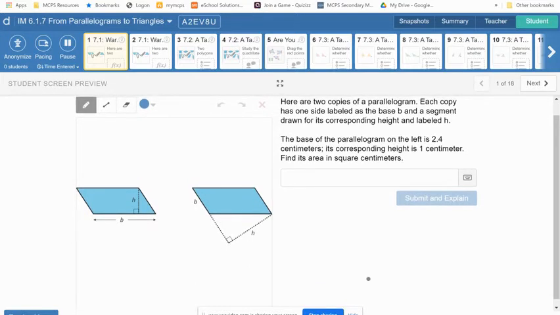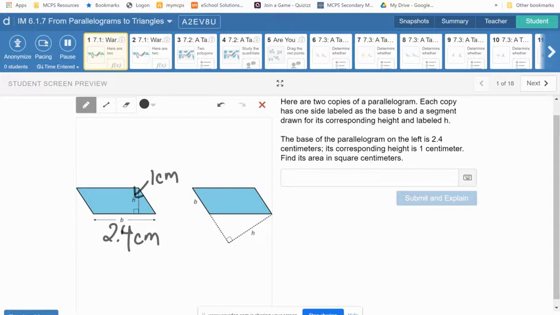So if our base is, let's change that. Base is 2.4. Okay, and our height, they said, was 1 centimeter. 1 cm, 2.4 cm.